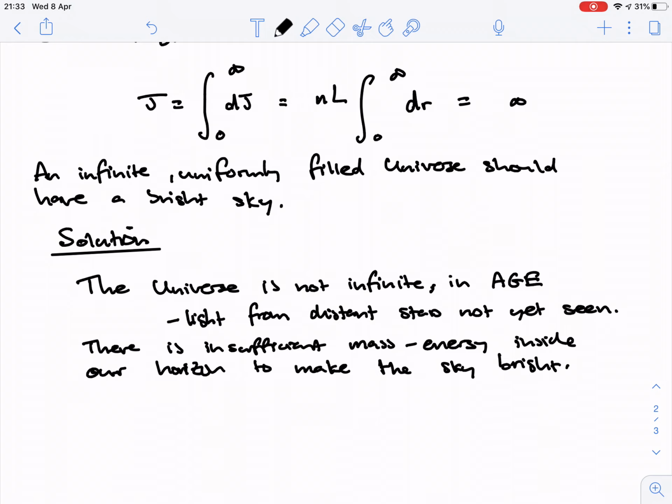And here by mass energy, I'm talking about just taking all of the energy, even take all the stars and convert them to energy with E equals mc squared. There is not enough energy to make the sky bright. And by horizon here, I basically mean the speed of light times the age of the universe.